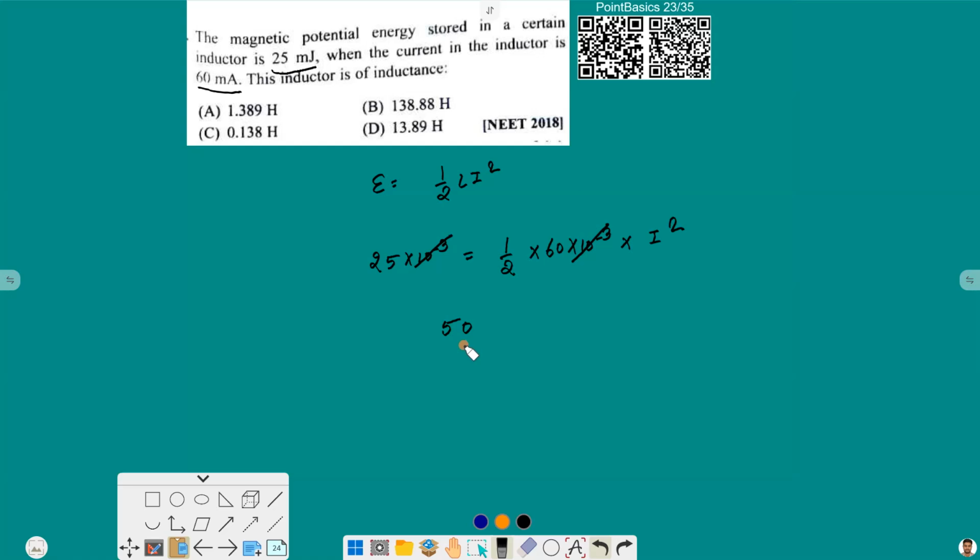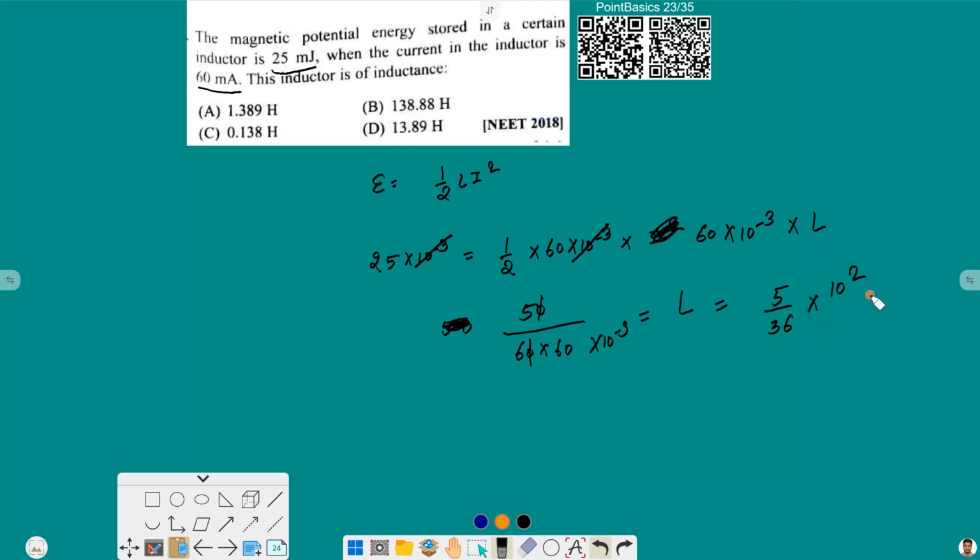Sorry, I wrote it wrong. This is I, so again I squared we have. So 10 raised to power minus 3 is cancelled, and we are left with 50 divided by 60, with 10 raised to power minus 3, and this is equal to L. So it gets cancelled, and we will have 5 by 36 into 10 raised to power 2 here.